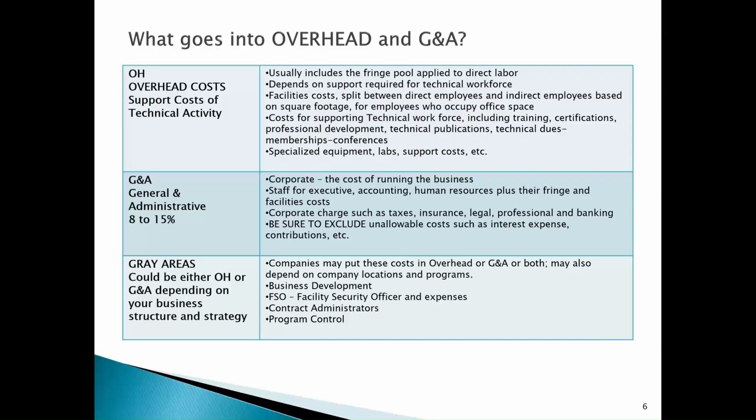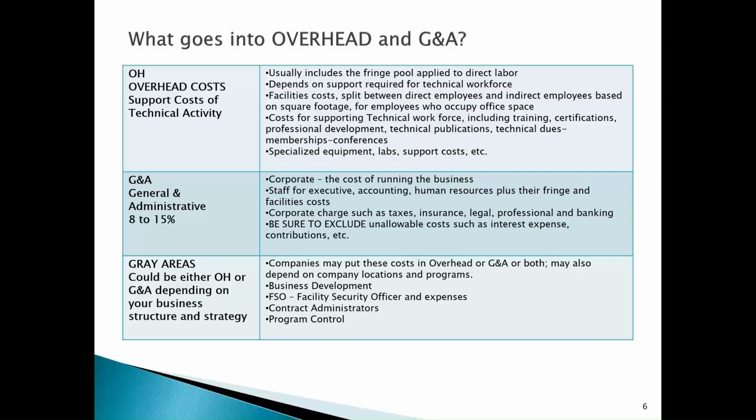I also want to point out that there are some gray areas that could be either in overhead or G&A, depending on your business structure and your strategy. Here's one that comes up a lot: a facility security officer. If you're doing work where you have a facility security clearance, or you have employees that maintain some level of security clearance, usually there's an administrator in the company, it could be the chief executive or the owner, who operates as a facility security officer.